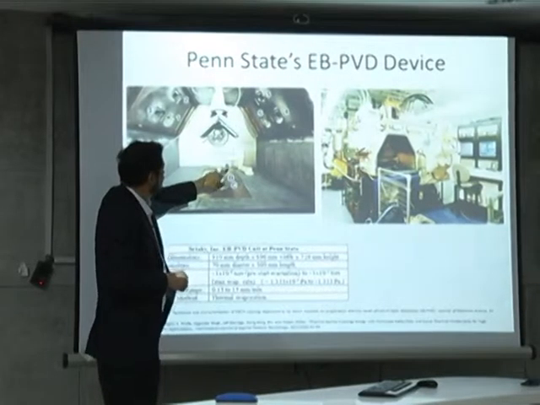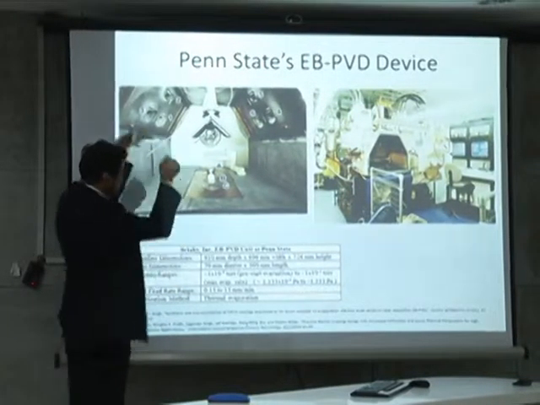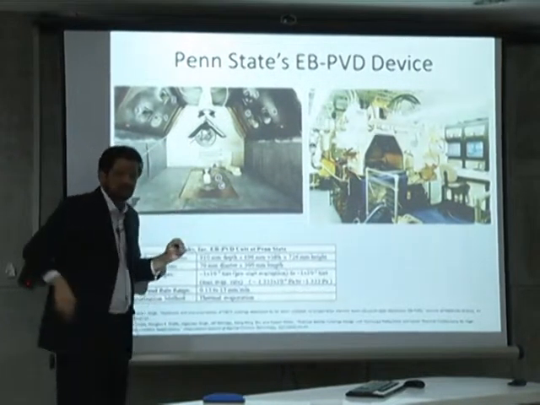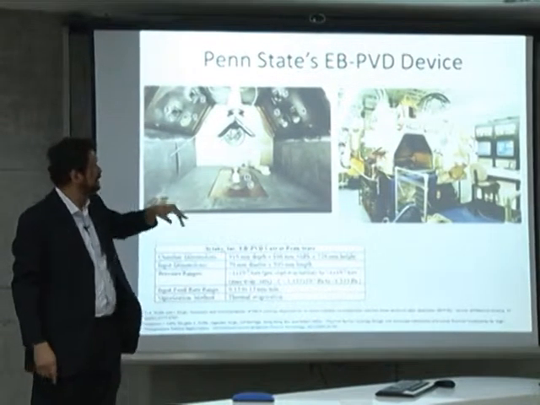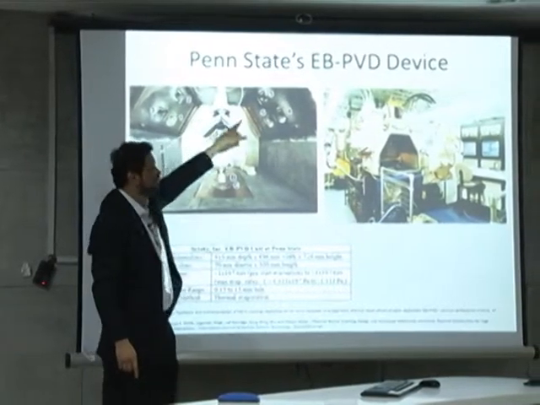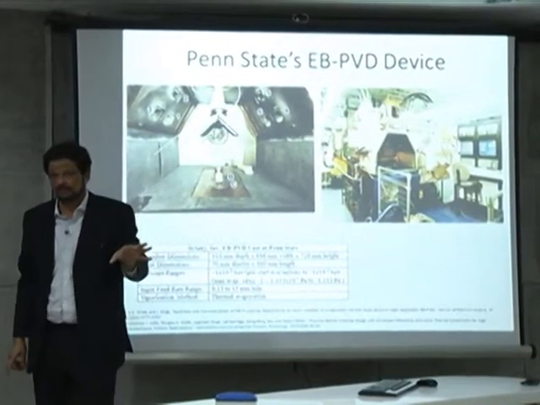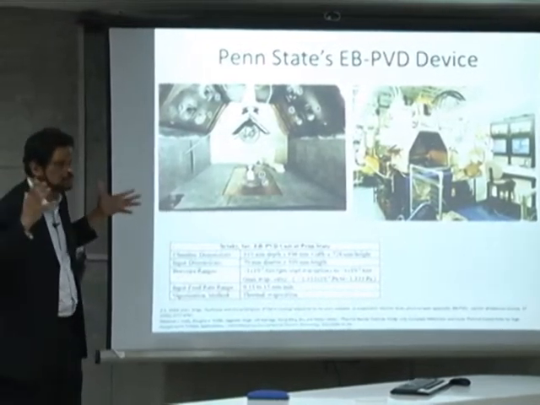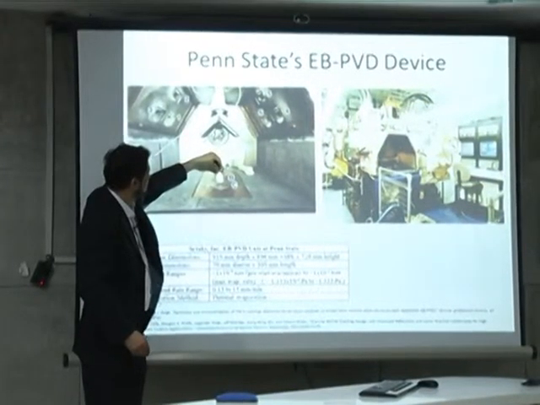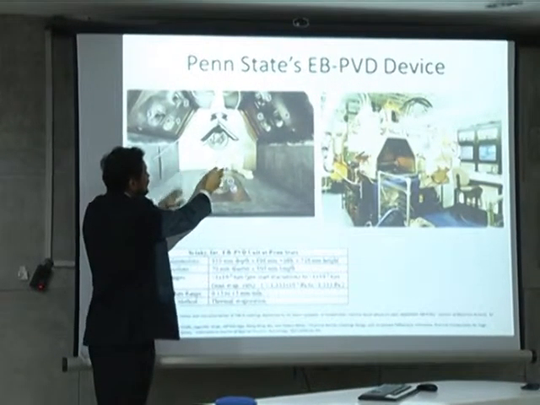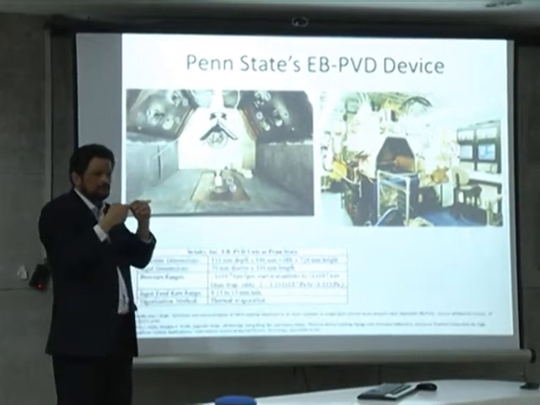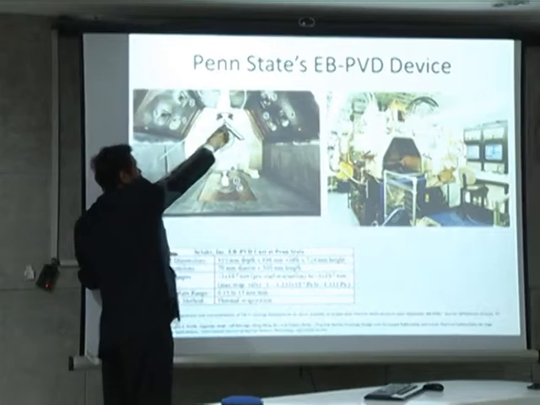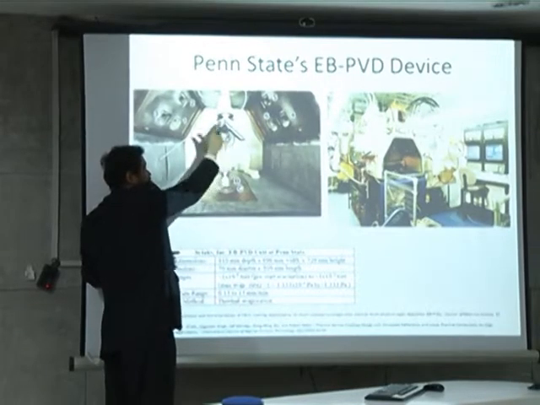Then you start evaporating A by putting the electron gun there, and this is very high power. Each electron gun here is 45 kilowatt. So you can imagine it's a huge amount of power, and you melt it, you evaporate it, and this little carbon pencil lead is spinning and keeps on evaporating onto it.